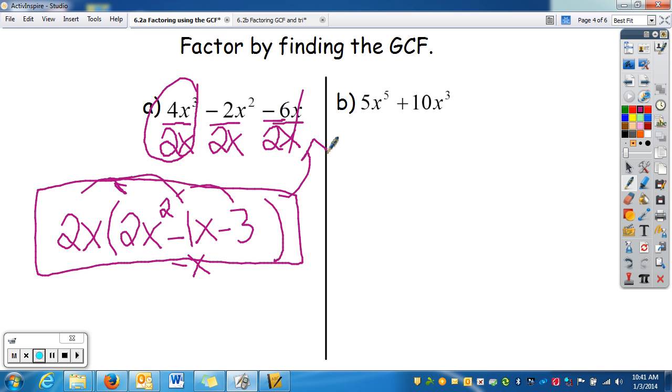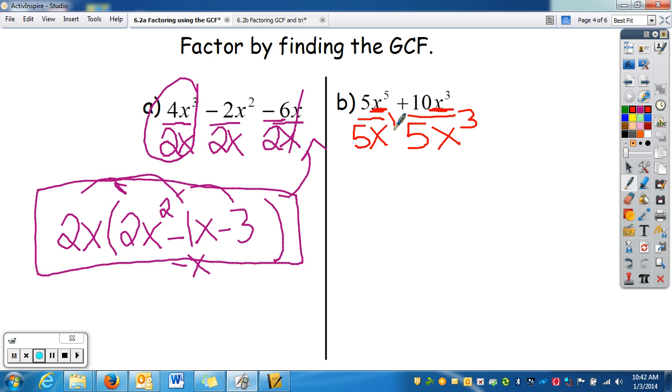So let's take a look at B. Here I need to find the GCF of each. What divides both of these? The highest factor. Well, 5 divides both 5 and 10, so that's my highest GCF for numbers. And this one has 5 x's. This one has 3, so I can take x to the third out.